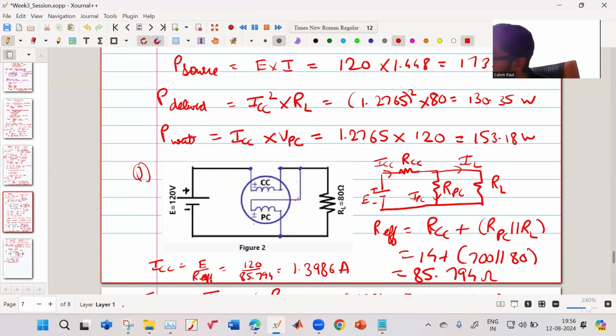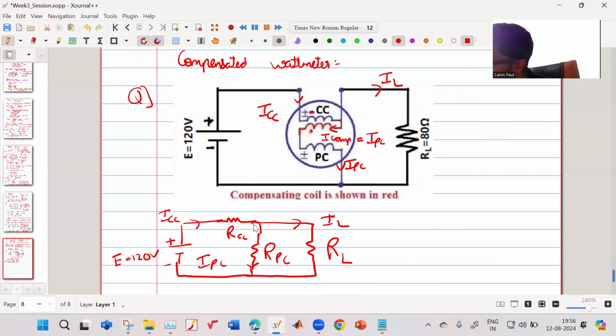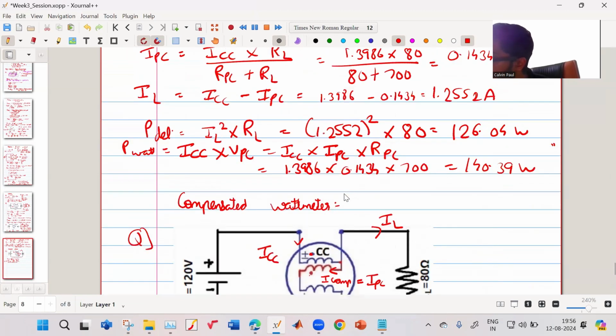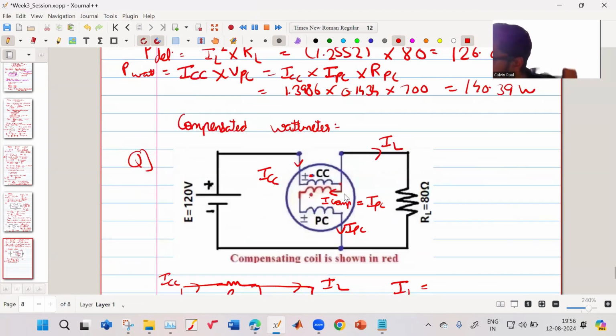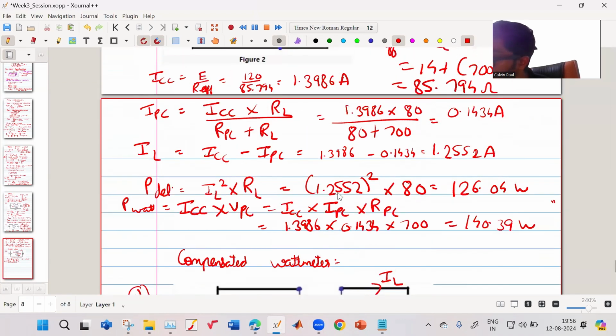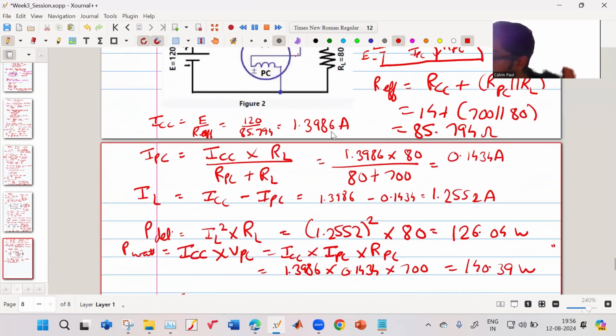So now what we will do is we know already what is ICC, IL. We found IL to be 1.2552 ampere. We found the ICC is equal to 1.3986 ampere.